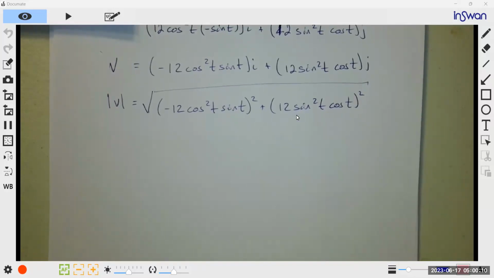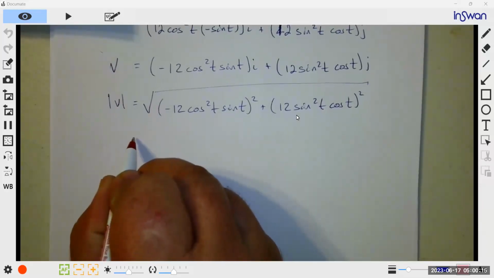This is a short one compared to the ones coming up.